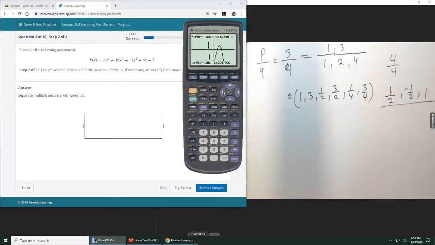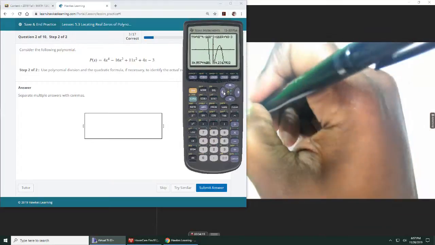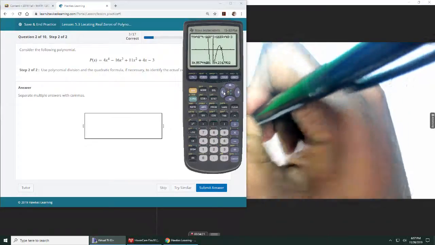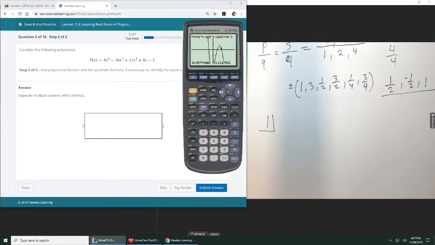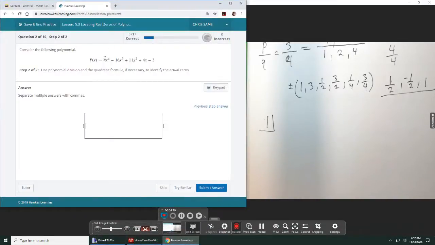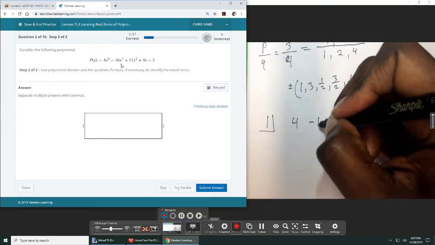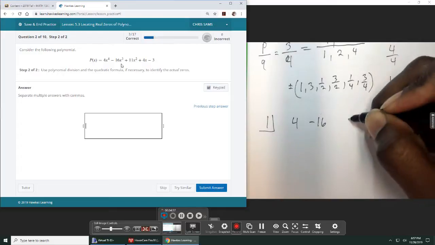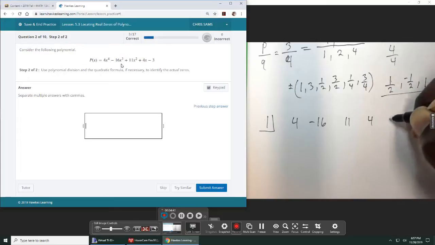We're going to verify those by doing synthetic division. I would rather do the whole number first, so we're going to use the number 1. And then we're going to list the coefficients of our polynomial: 4, then negative 16, then positive 11, then positive 4, and then negative 3.